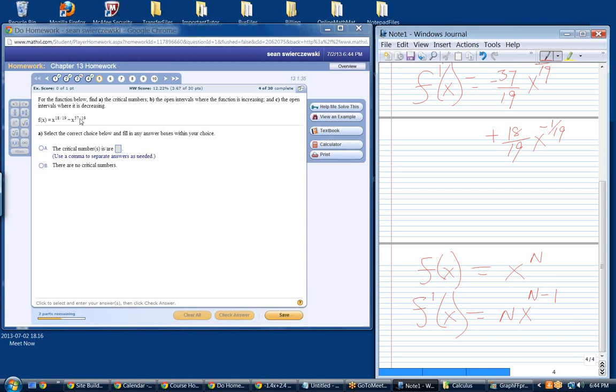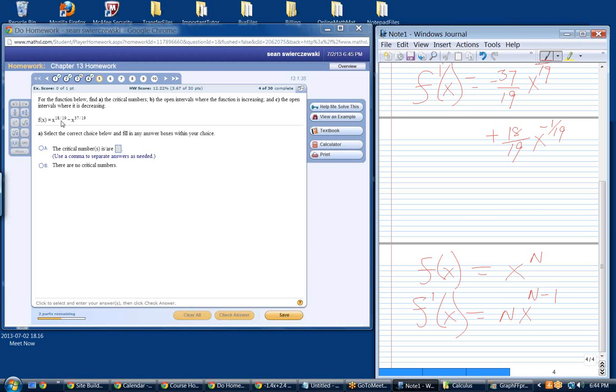So it's minus 37/19ths x, and then when I subtract 1 from that, I'm left with 18/19ths. And then when I do this term, and I don't have to do them right to left. I could have started with the term on the left first.